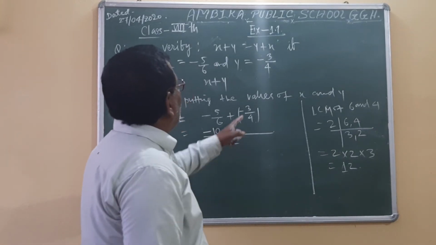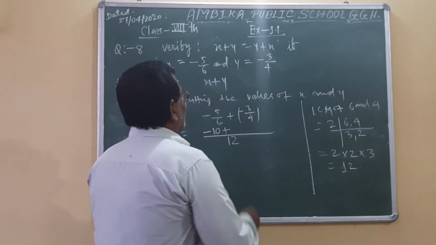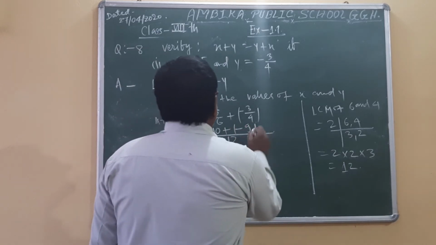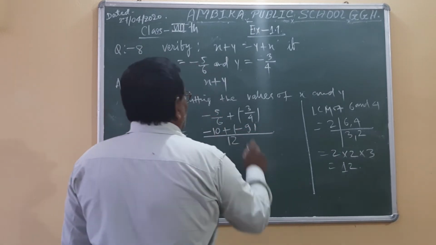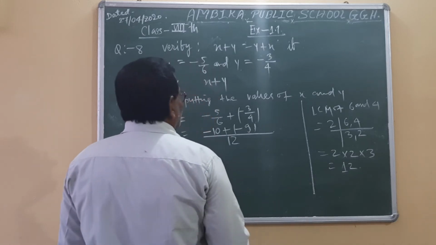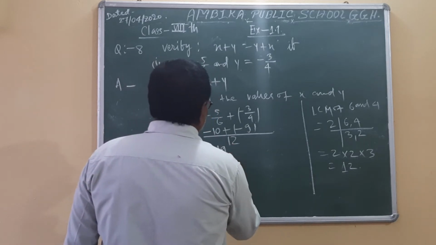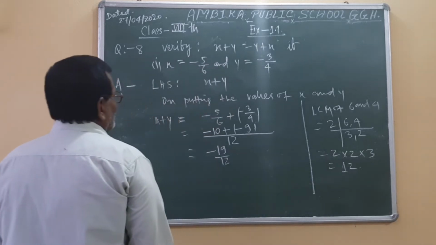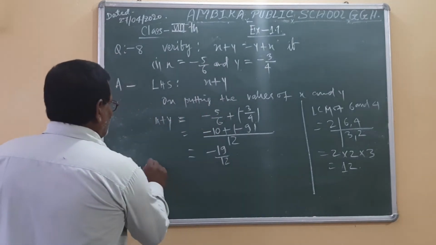Then multiply minus 3 to 3, we get minus 9. Adding minus 10 and minus 9, we get minus 19 by 12. This is LHS.